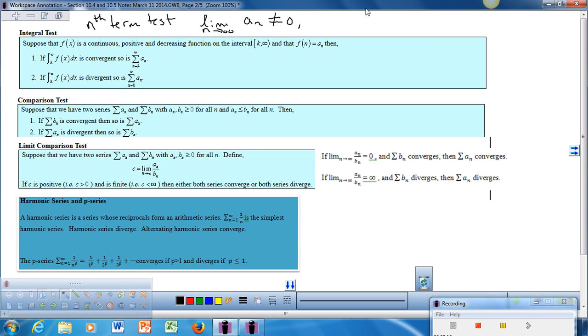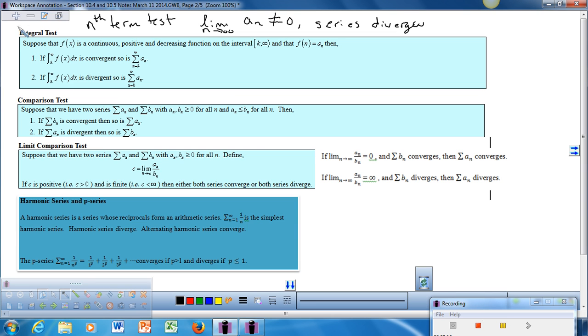The series diverges. Can I say, if it does equal 0, then it is convergence? No, thank you. Please don't ever say it. This only tells us about divergence. It does not tell us about convergence. We can have lots of series whose limit is 0, and they still diverge.